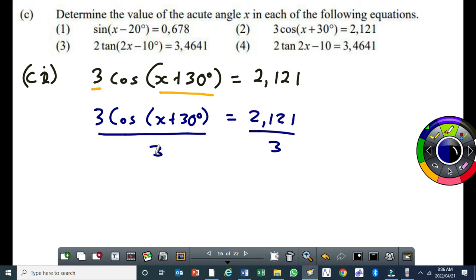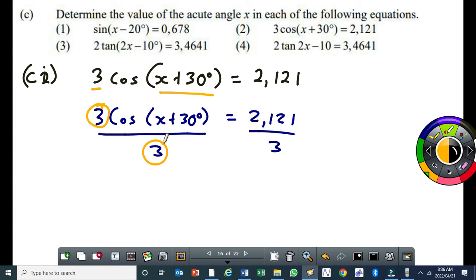And when you divide by 3, pay attention, this 3 does not divide the 30. This 3 is only divided by that 3. Never divide this 30 by this 3.